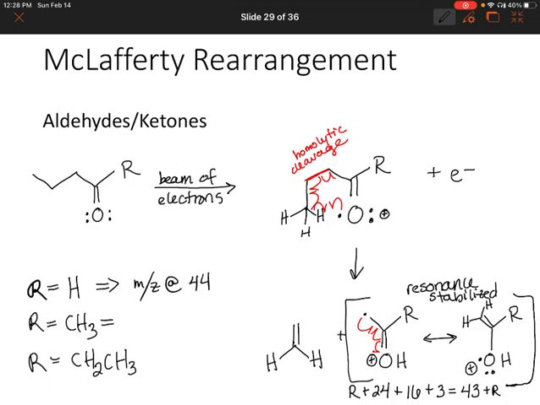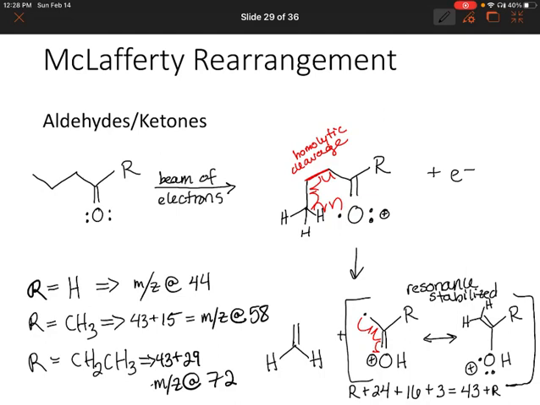If the R group is a methyl group, that would be 43 plus 15. So that would give us an M over Z peak at, let's see, 58. If the R group is an ethyl group, that would be 43 plus 29. So the M over Z peak would be at 72.